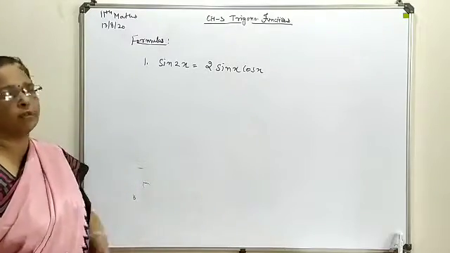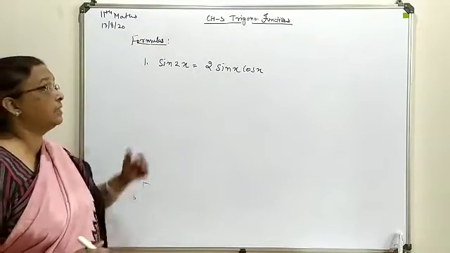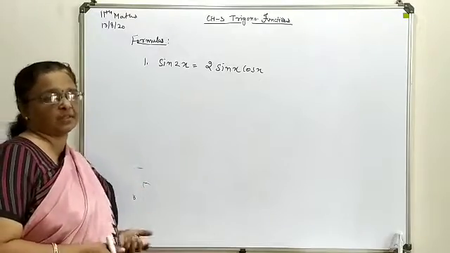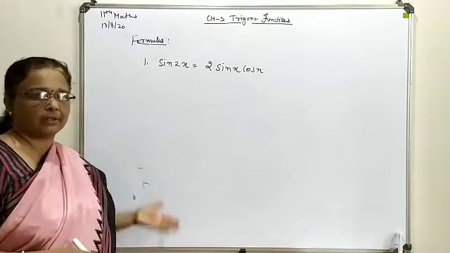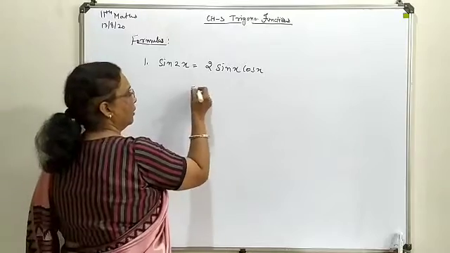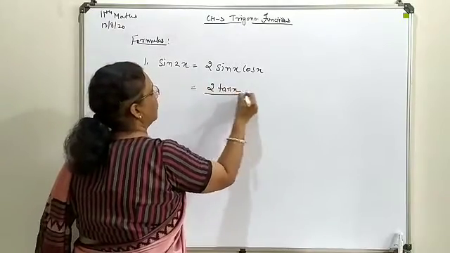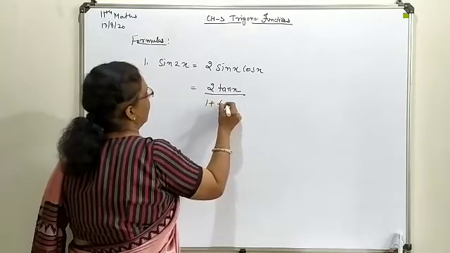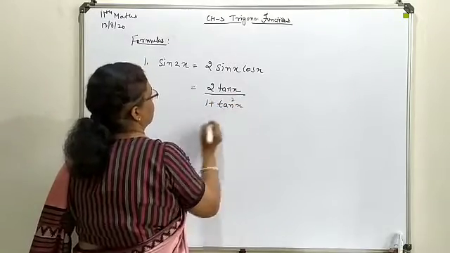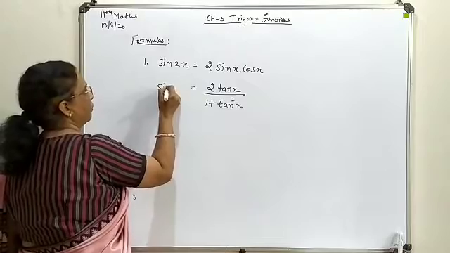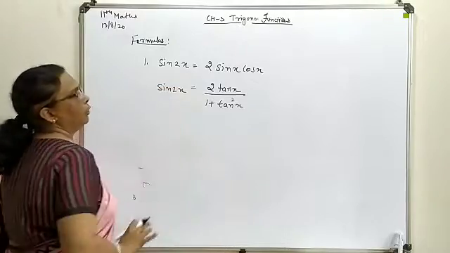Now its tangent form is also available, meaning sin 2x you can even express in the form of tangent. So what is that form? This is 2 tan x upon 1 plus tan square x. This is also an important form, many times it will be used.